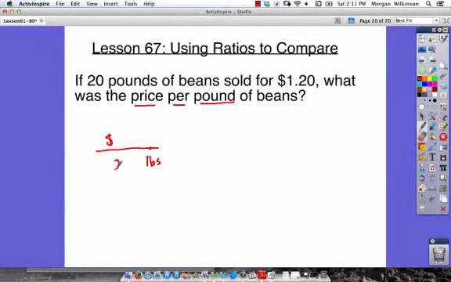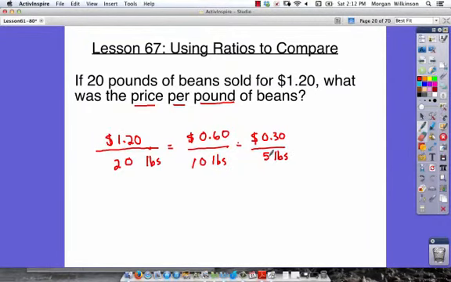So we've got 20 pounds of beans. We've got $1.20. We want to know what was the price per pound. We're going to have to simplify this. If we cut both numbers in half, we're going to get 60 cents for 10 pounds. If we cut both of those numbers in half again, we're going to get 30 cents for 5 pounds.